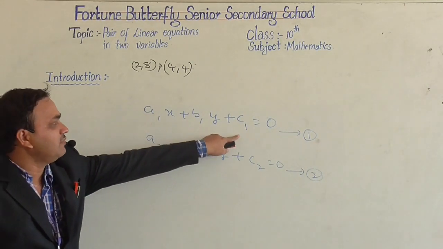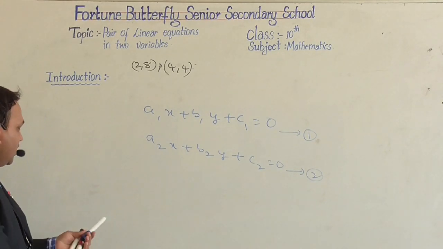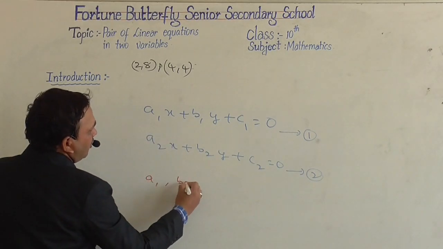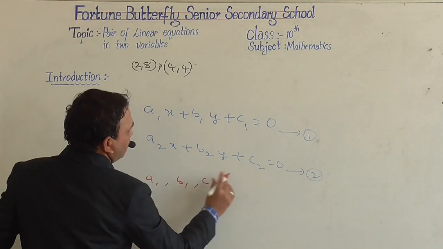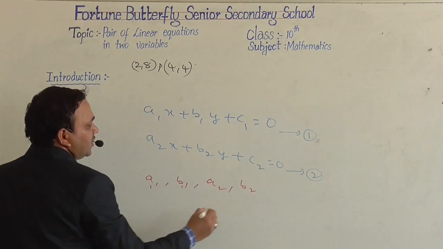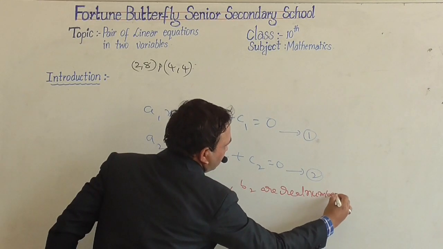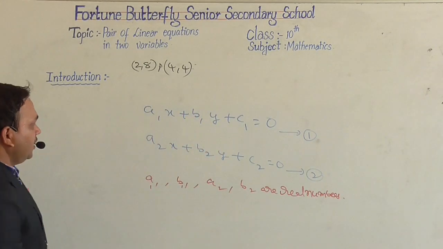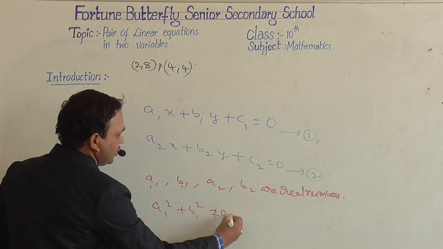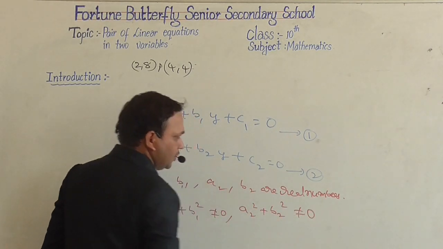Here also there is a condition: a1, b1, c1, a2, b2, c2 are real numbers, and a1 square plus b1 square is not equal to 0, a2 square plus b2 square is not equal to 0.